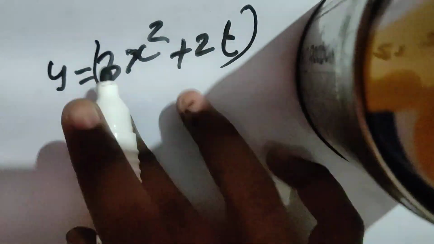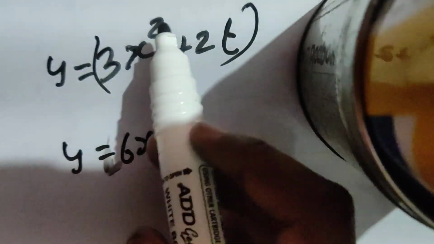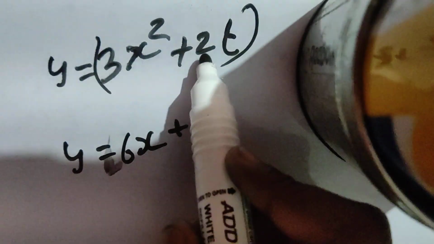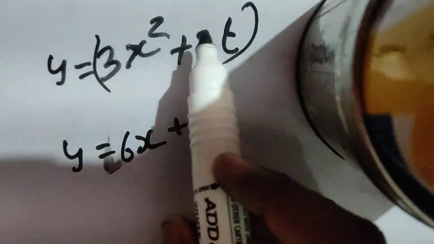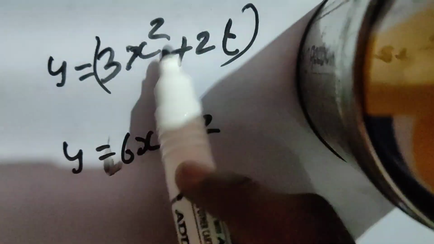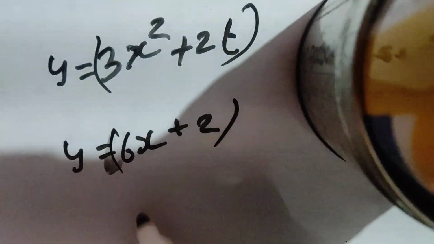I'm directly differentiating it. So 6x, with the power n minus 1, and this is 2. So the constant comes out, and t has a power of 1, so that also comes out, so 2 times 1 is 2, like this.